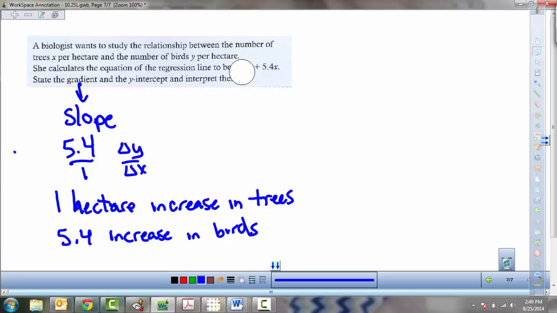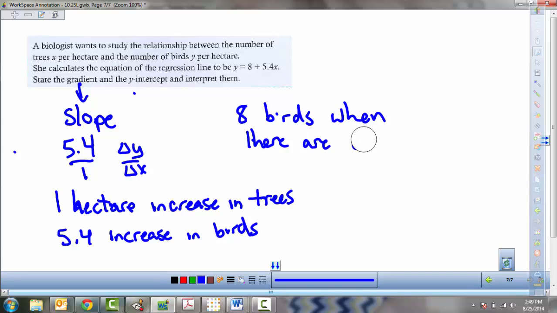The y-intercept would be the number of birds if we have 0 trees per hectare. So there are 8 birds when there are 0 trees per hectare.